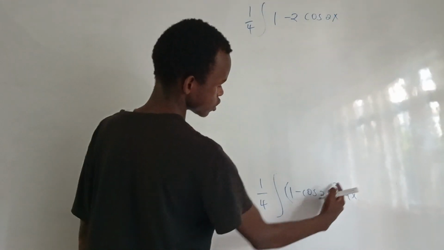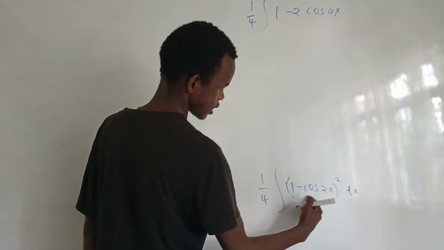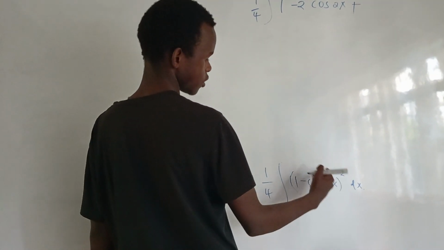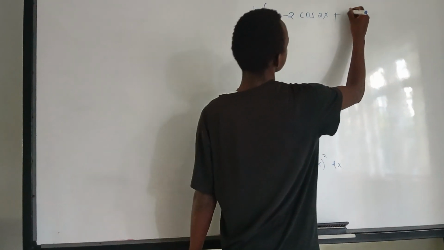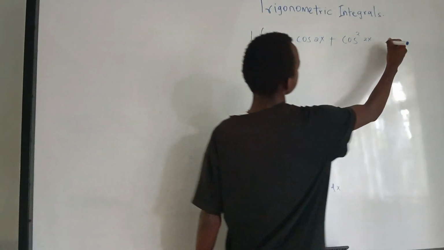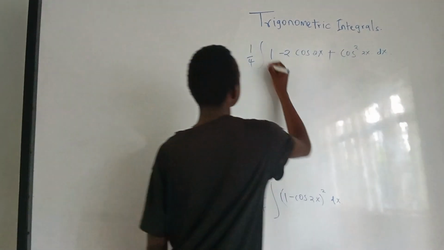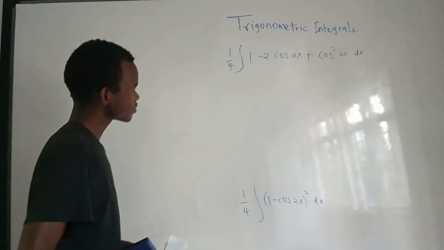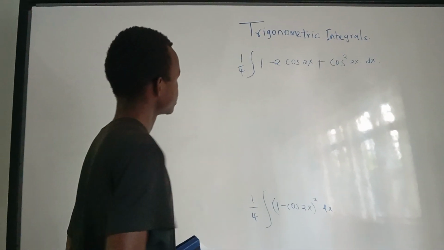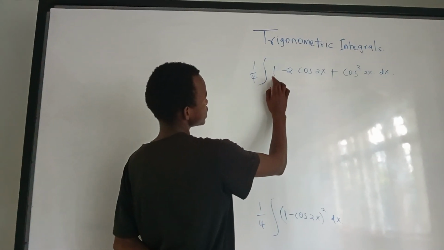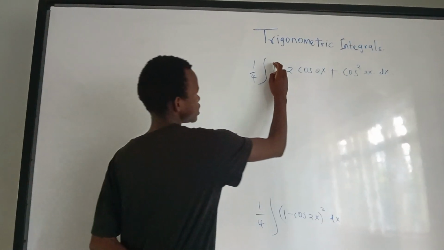Then I'll square this again, I'll get plus cos squared of 2x, and I'll write my dx that way. So from there, let's start our computation. We are integrating 1 with respect to x, automatically this will be x.